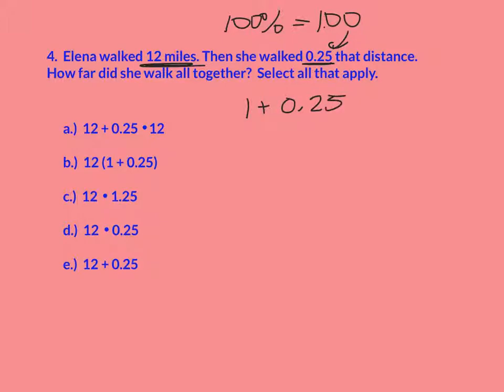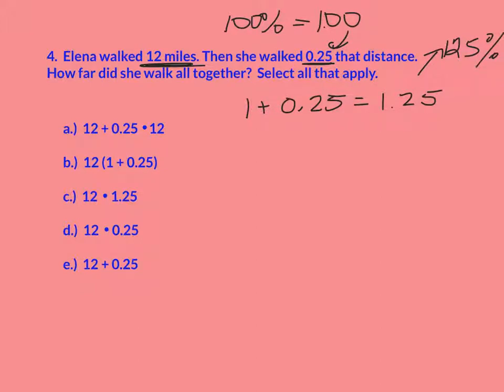So see, it's exactly like the percentage problems that we did earlier, and I was adding and subtracting the percents. These are, remember, decimals are the same as percents, they just haven't been converted. So if I add 1 plus 0.25, that's going to give me 1.25. So if I was thinking about that as a percent, that would be 125%.